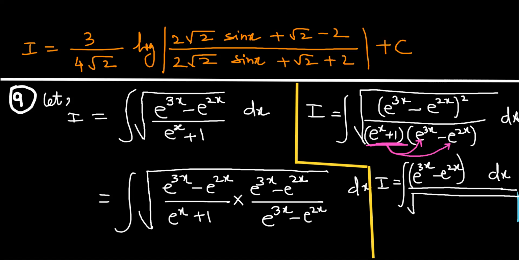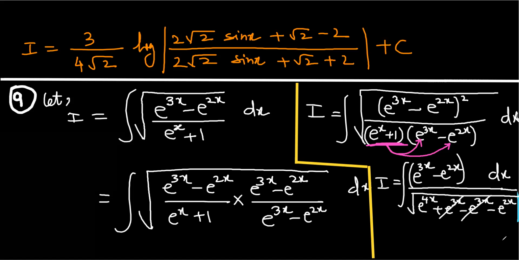See what I get when they multiply. e raised to x plus 1 into e raised to 3x, so e raised to 3x multiply e raised to x gives e raised to 4x plus e raised to 3x. Then the negative sign: e raised to x plus 1 multiply e raised to 2x, so e raised to 2x multiply e raised to x gives negative e raised to 3x, negative e raised to 2x. Now these two cancel.